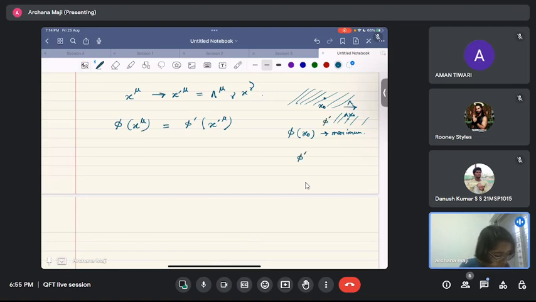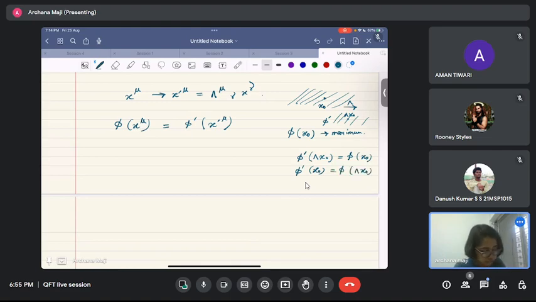So phi prime evaluated at lambda x0 is giving you the maximum value now after doing the transformation. So that must be same as phi at x0. So this implies phi prime at lambda x0 is same as phi at x0.